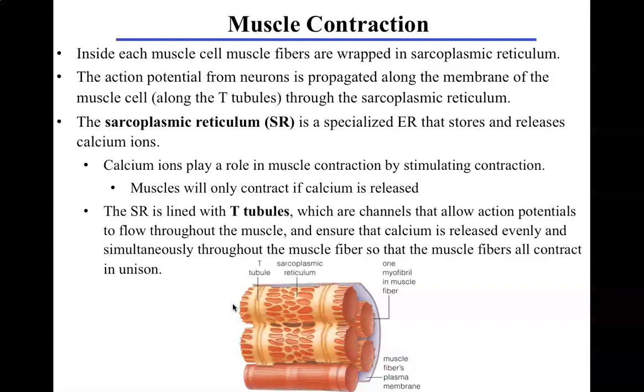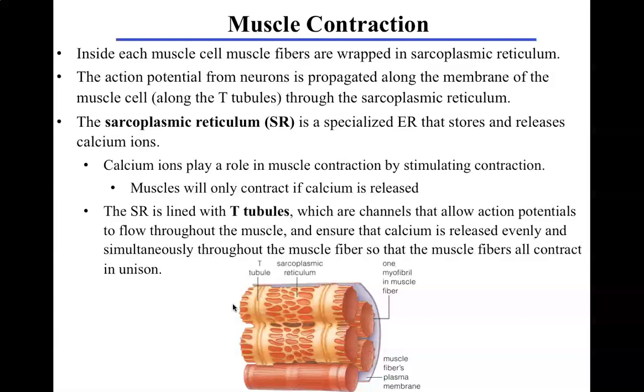And when a nervous signal hits the sarcoplasmic reticulum, it causes it to release the calcium ions all at the same time. Why do we care about releasing the calcium ions all at the same time? It's because calcium ions kick off the muscle contraction. In other words, the muscle will be relaxed until calcium is released from the sarcoplasmic reticulum.